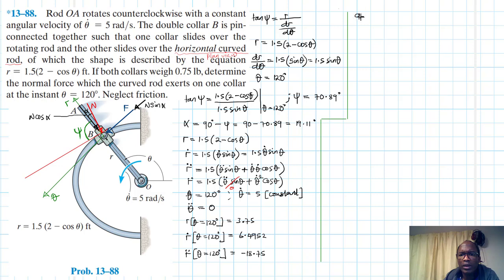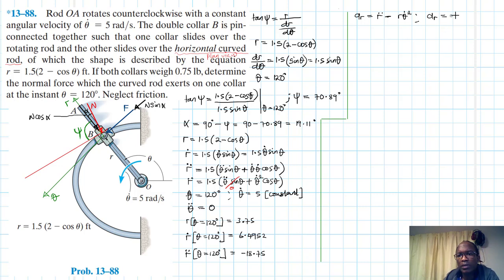So our ar is just equal to r double dot minus r theta dot squared like so. Therefore ar is just going to be equal to, we have all these values there, you can just feed them in. So we have minus 18.75, and then minus r, we said is 3.75 times 5 squared.